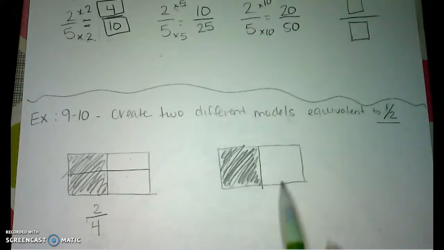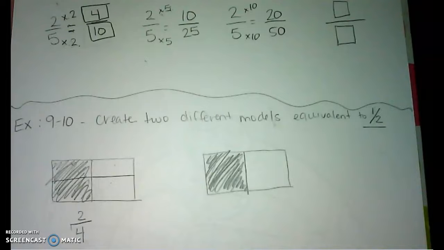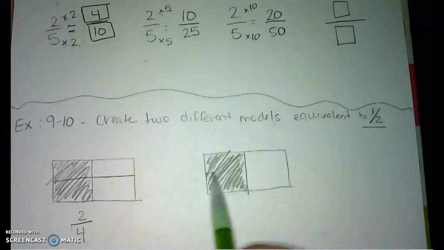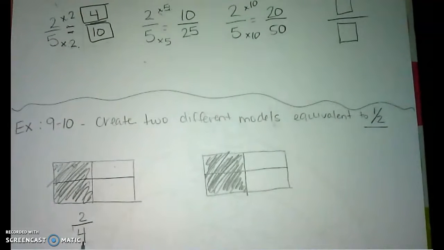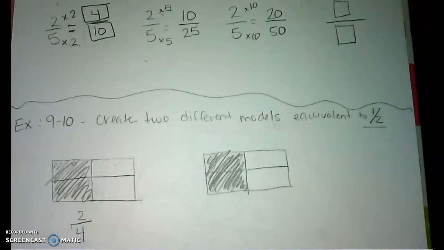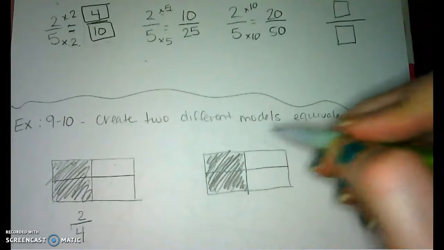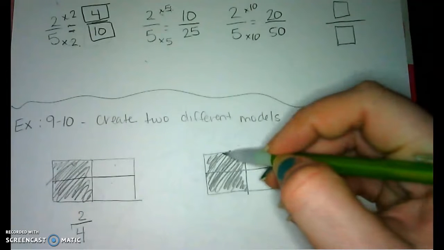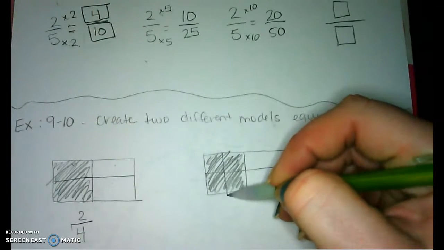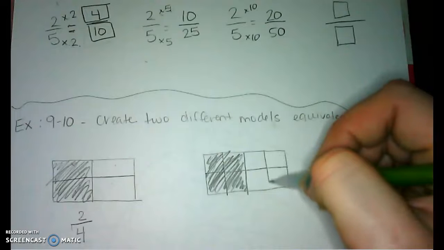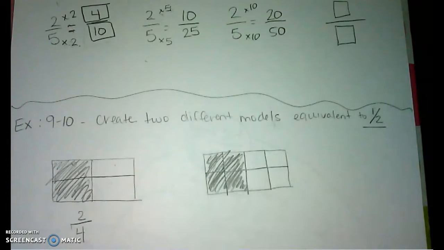And then over here, I'm going to figure out another way to chop this in half. So if I do that, that makes the exact same thing as this. And then I'm going to split it again. So if I do it here, I have to do it here, because I want them to be even on both sides.